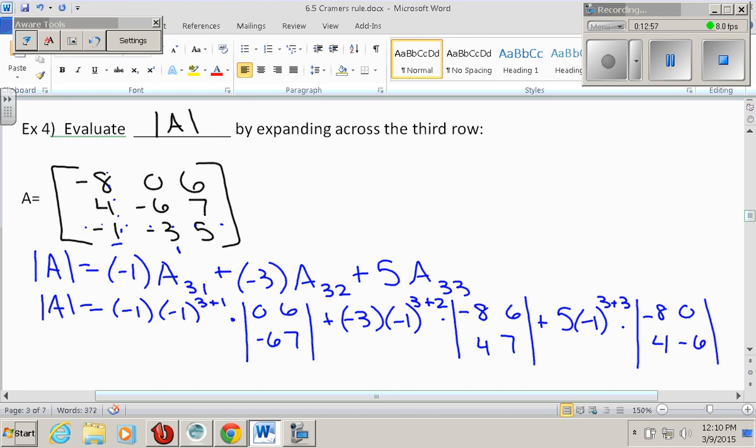So pause here, get it down, make sure you know where everything is coming from. If you see these values here, here, and here are coming from here, here, and here. This piece is the equation for cofactors, and then this is your determinant.